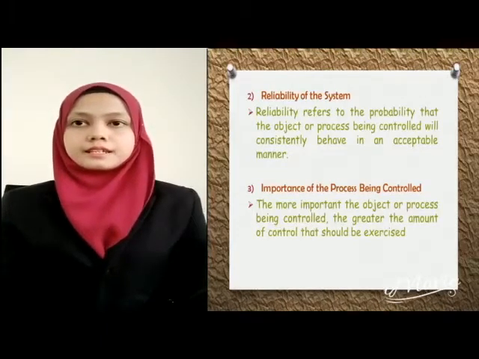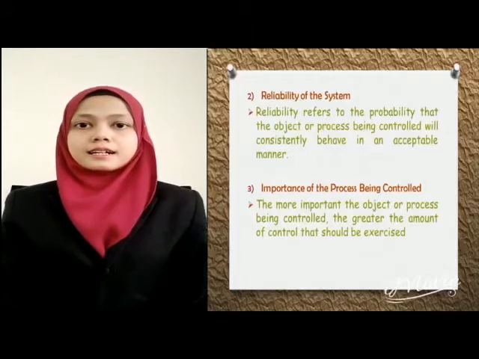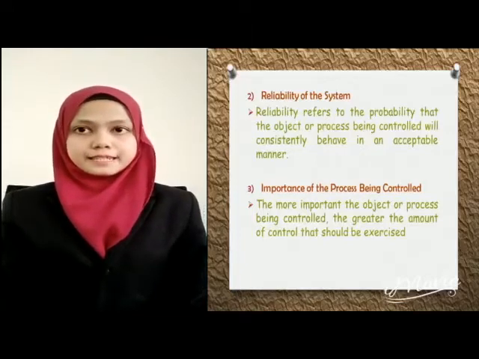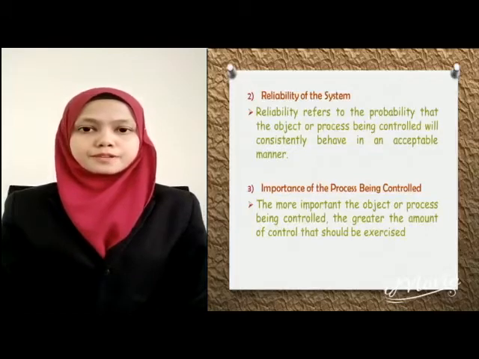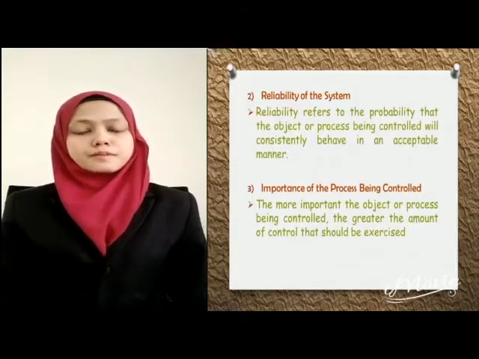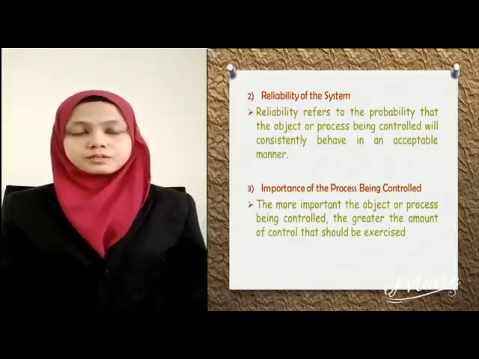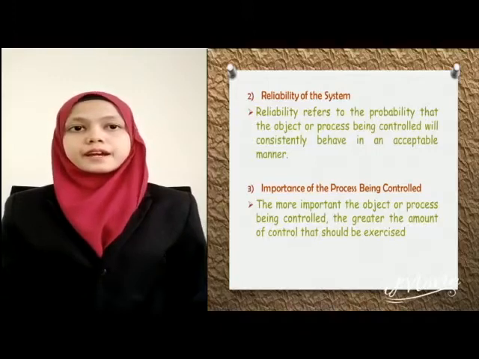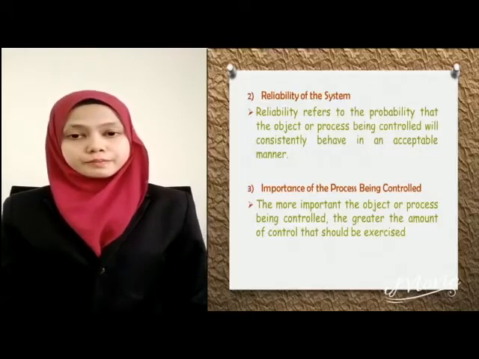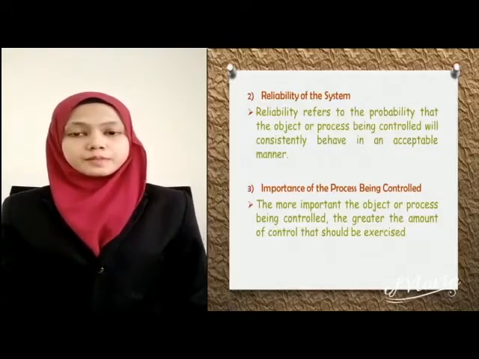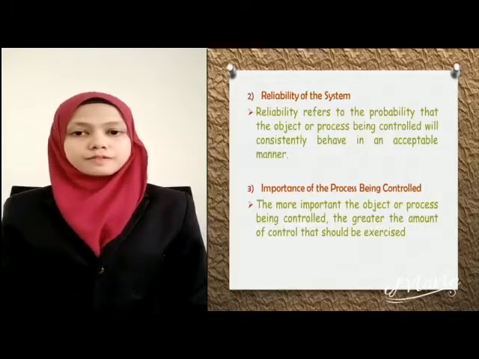Then next, secondly, reliability of the system. Reliability refers to the likelihood that the object or process being controlled will consistently behave in an acceptable manner. Process reliability is often difficult to assess because it is affected both by the operating characteristics of the physical equipment and by the experience and attitude of the worker.